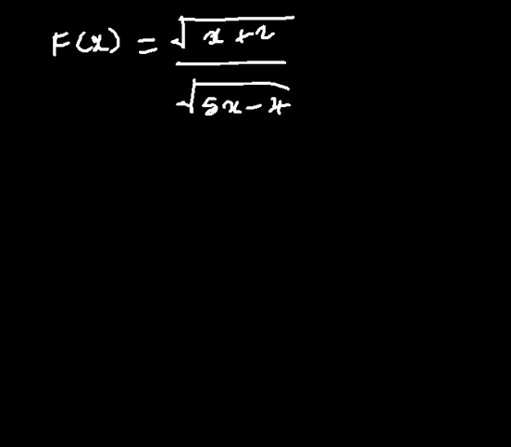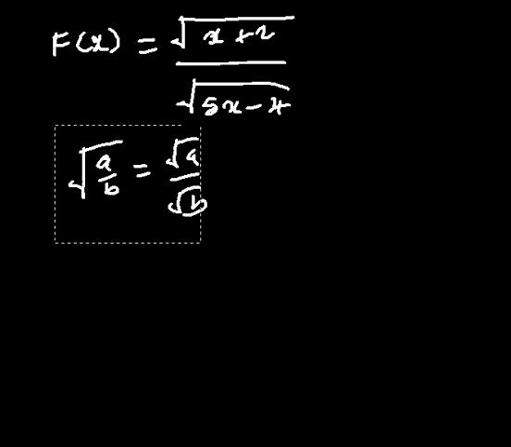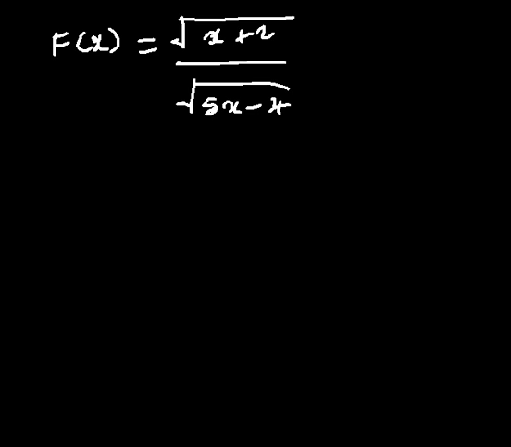You should understand that according to the laws of indices, the square root of a over b is the same as the square root of a divided by the square root of b. So at the end of the day, we should have the reverse of this process, in the sense that it is the same as having the square root of the whole thing, x plus 2 divided by 5x minus 4.